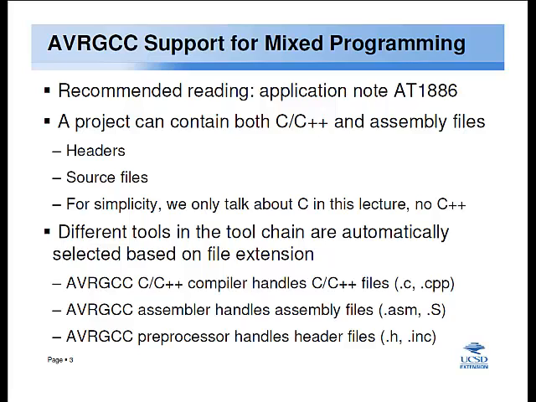The way the AVR GCC toolchain recognizes what the file is, is by looking at its suffix. If it is .c or .cpp, we understand this is a C or C++ file. If it is .asm or .s, we understand this is an assembly file, and it will automatically use the assembler to handle this file.